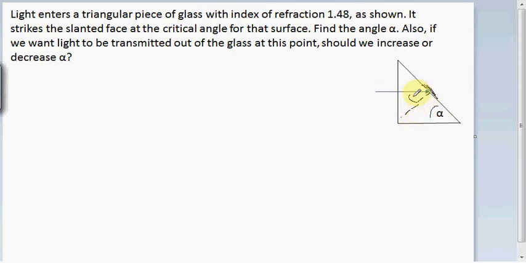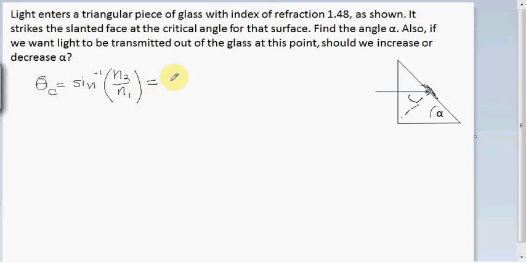Now, we're told in the problem that it strikes at the critical angle. So this is going to be the critical angle here. So first of all, let's figure out what that is. The critical angle is given by theta c equals the arc sine of n2 over n1. And remember, n1 is the first material, and n2 is the second material.